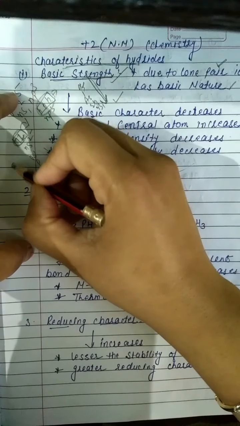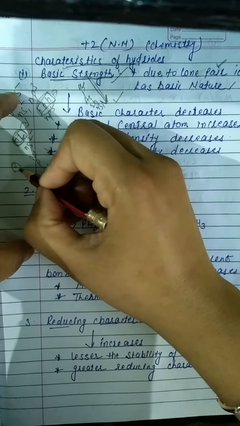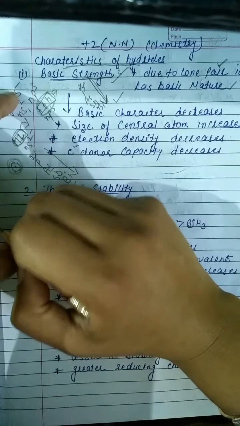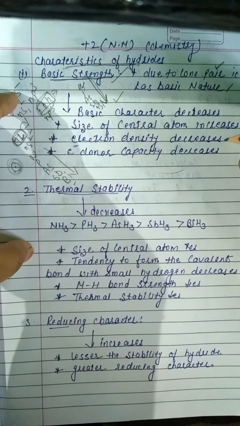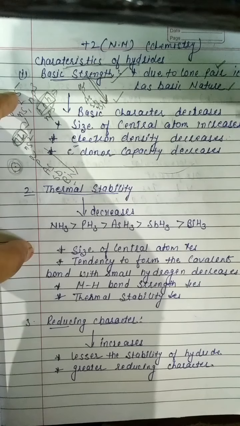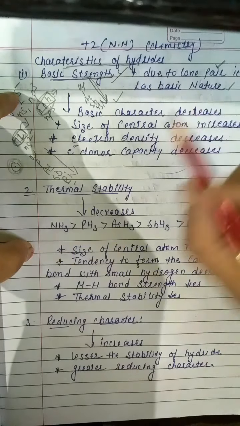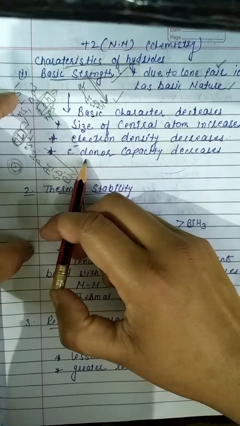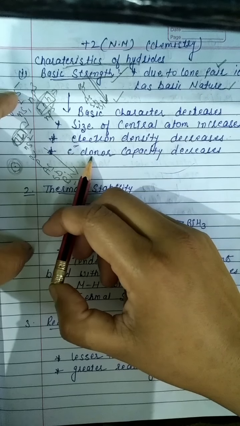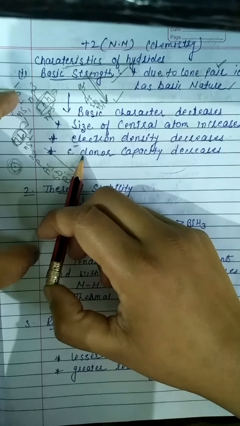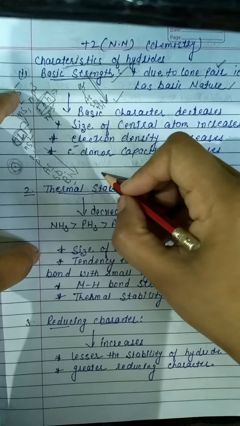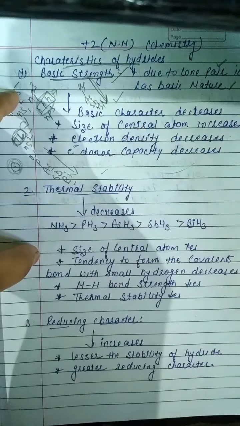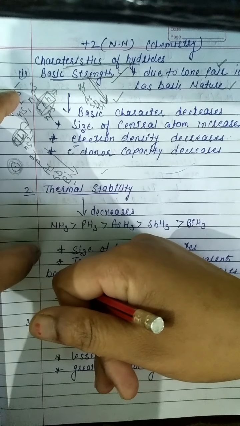If the atom is small and the electrons move around the nucleus, they have a high electron density. But if the size increases, the electron density decreases. If the electron density decreases, they have less tendency to donate the lone pair. So that's why the basic character decreases when we move from top to bottom.